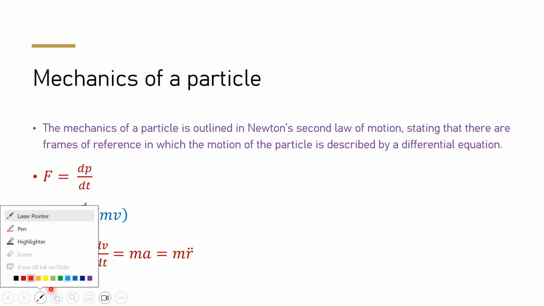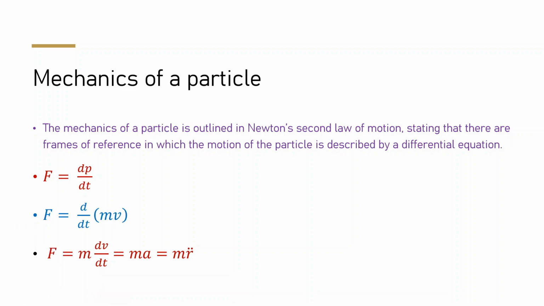We know that R single dot equal to dr by dt, which is equal to velocity. R double dot equal to d square R divided by dt square, which is equal to d by dt of dr by dt.